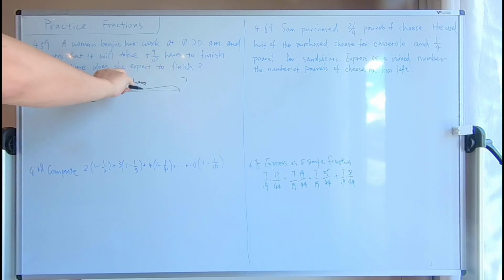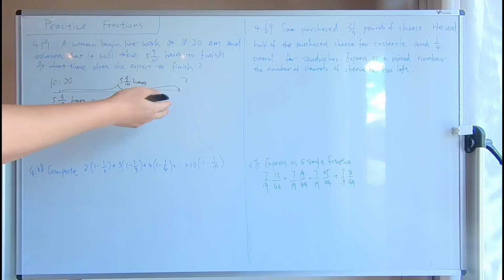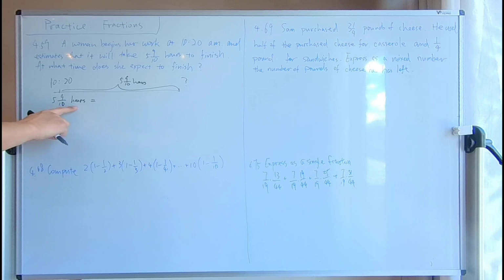Otherwise, people would ask whether this represents 5 minutes or 5 seconds, so 5 hours. In some other questions, you will have 10 kilometers or 10 meters or whatever different units. So it is very important to always keep your units after the number.